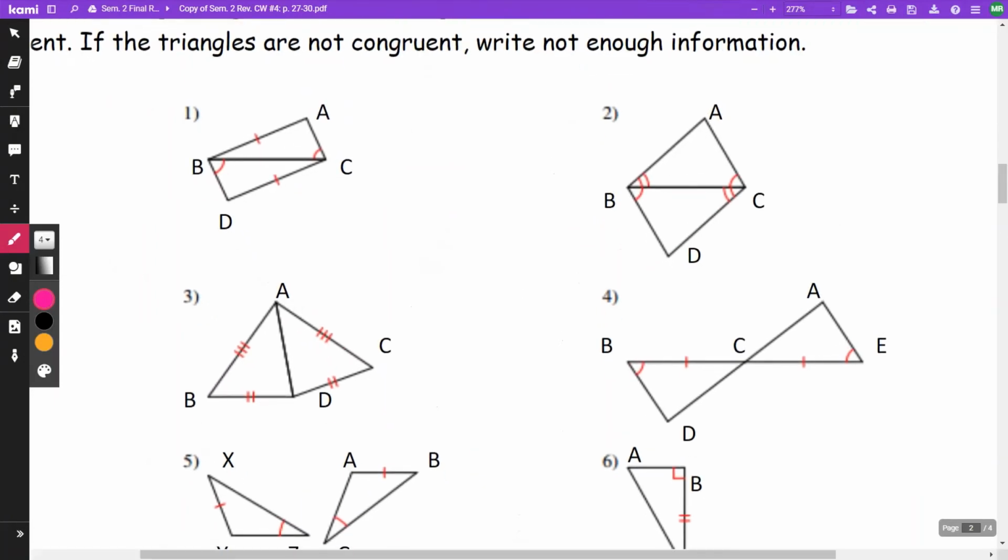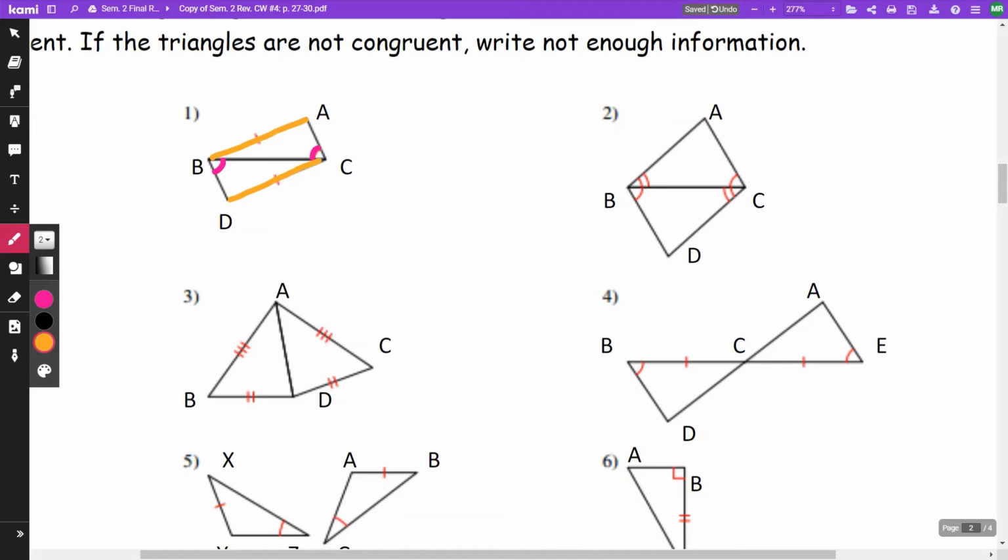So for the first one, I've got this angle here. Let me make this a little smaller here. I've got this angle here at B and this angle here at C. I have this side right here and this side right here.